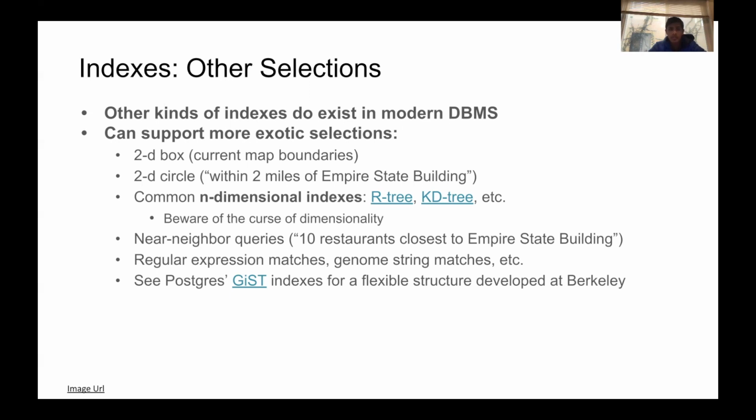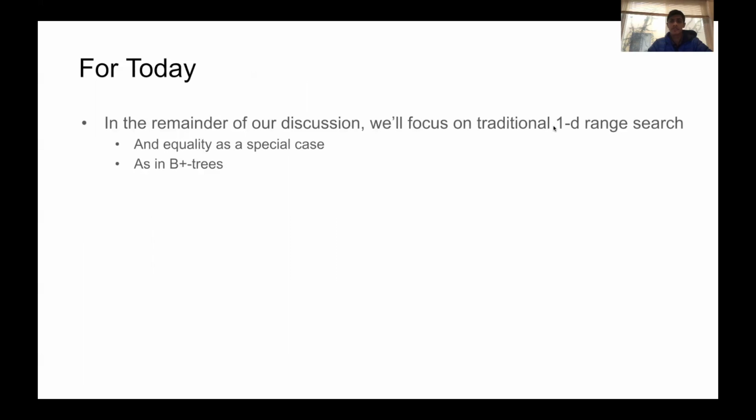We won't be going too much into these, but it's nice just to know that these things exist. Not because we'll test you on them or anything, but really just because they're kind of cool to know how people actually do things in real life. Now for today, we'll focus on traditional 1D range and equality search for B+trees.